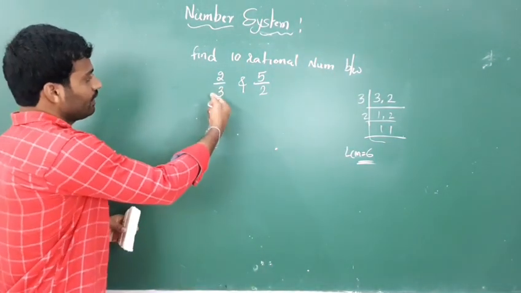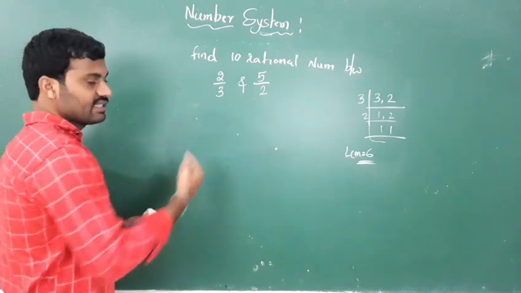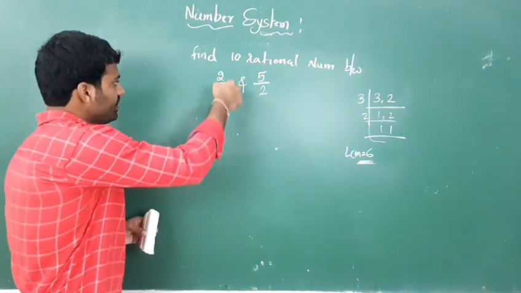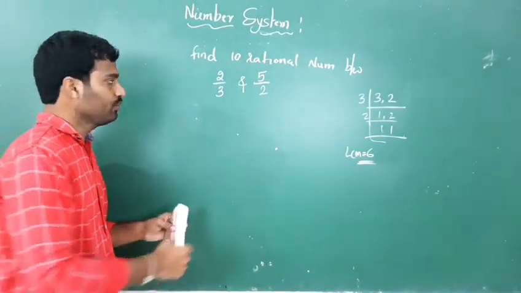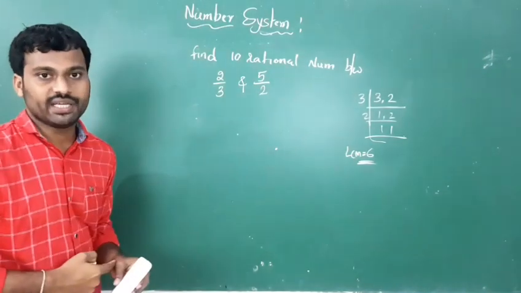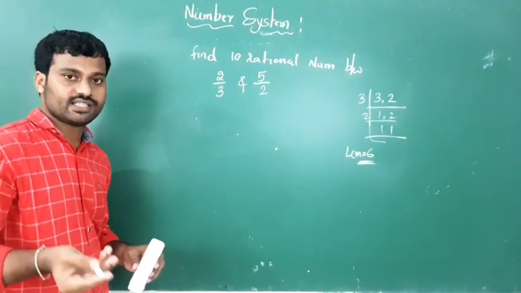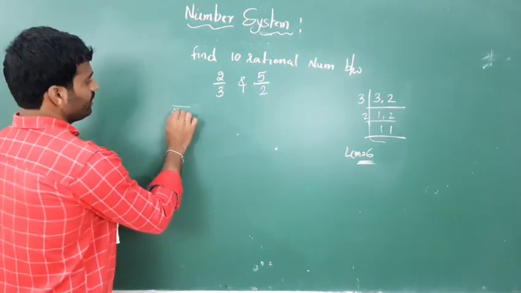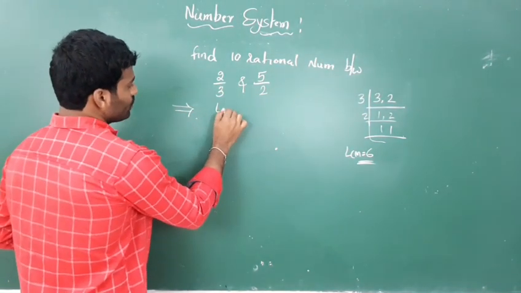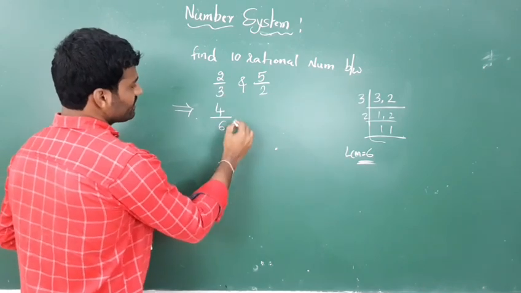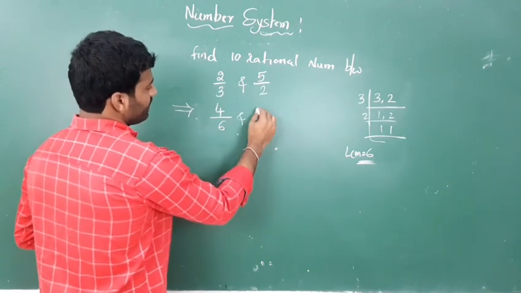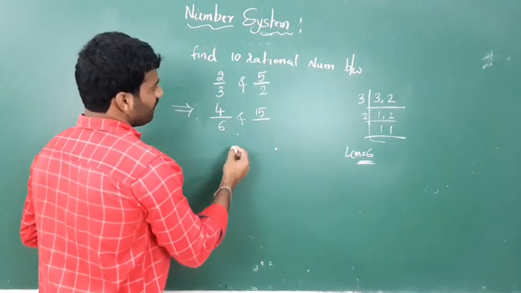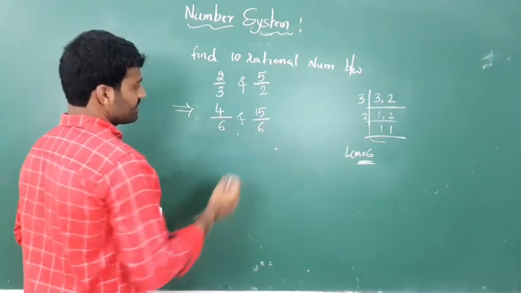So for this rational number we multiply by 2, and for this one we multiply by 3. The new rational numbers will be 2 twos are 4, 3 twos are 6, and 5 threes are 15, 2 threes are 6.